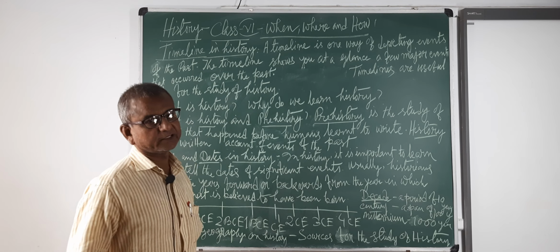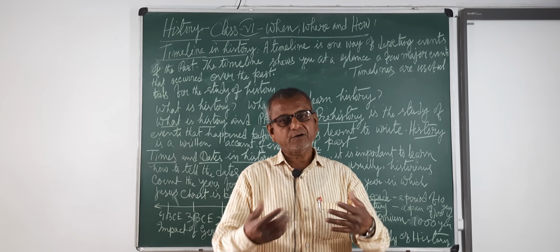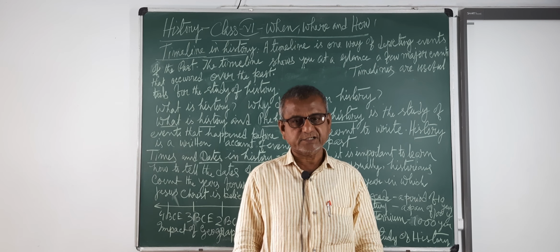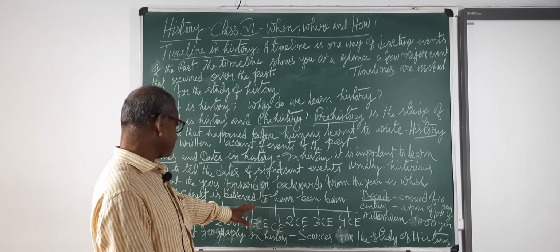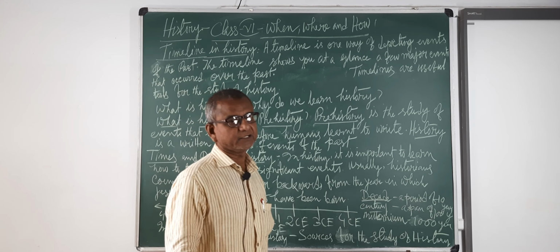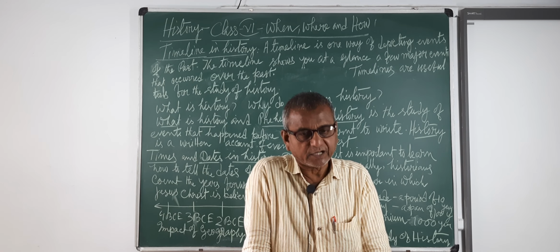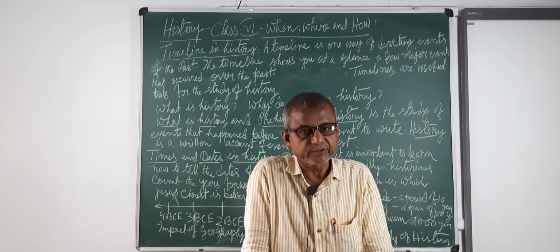The years before the birth of Jesus Christ are called BCE, and after the birth of Jesus Christ are called AD, Anno Domini, in the year of our Lord. It is a Latin phrase, Anno Domini.